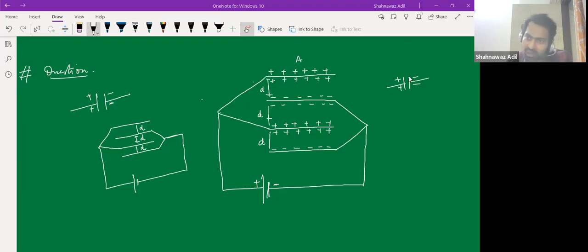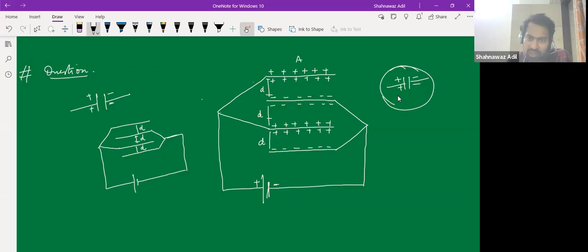It's parallel and series. We'll figure out which are the parallel ones. Parallel will be D2 and D3, right? And D1 is series. Okay, we will find out whether these are parallel or in series.